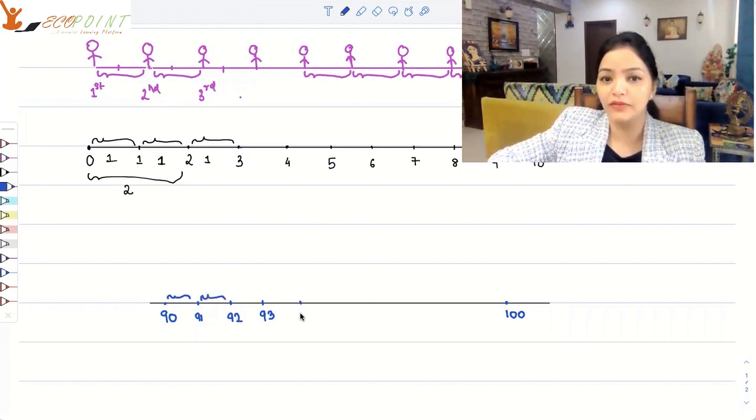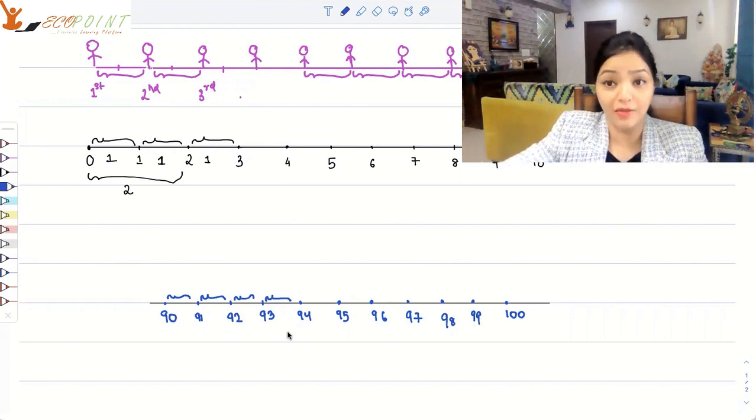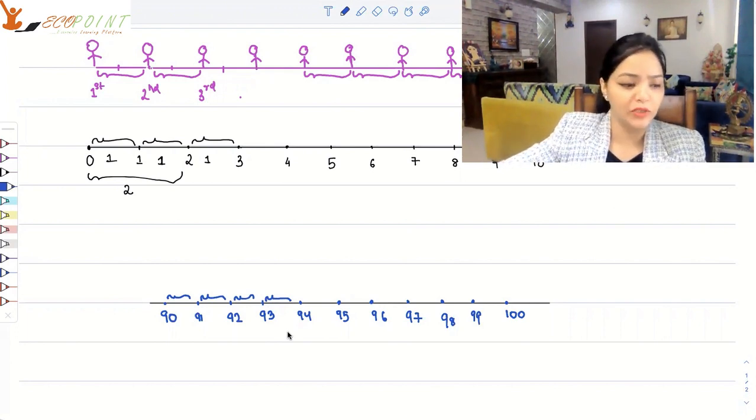Then comes 93, 94, 95, 96, 97, 98, 99, and 100. Okay? They all have to be equidistant for it to be a number line. And that's how you will be able to analyze it.